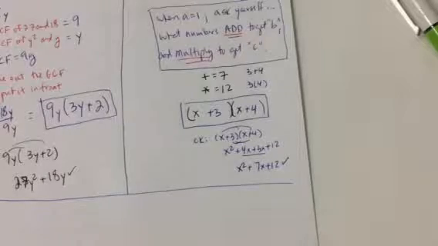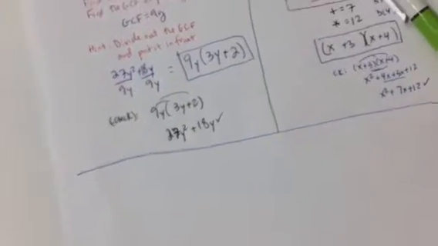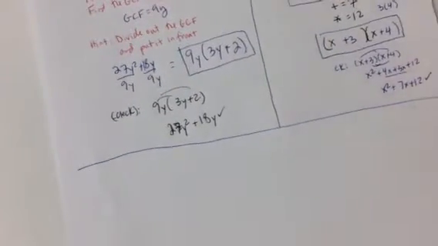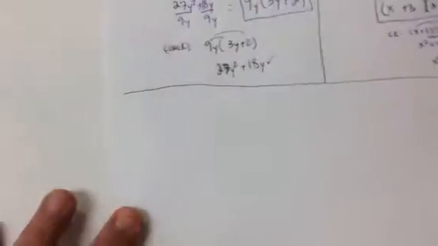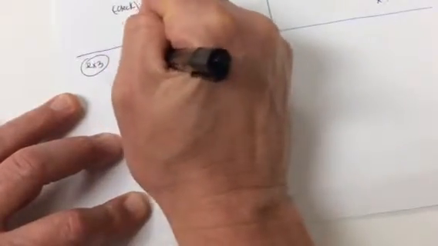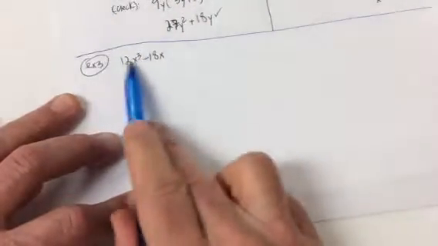Okay, let's do some practice examples based on these two things that we just talked about. Let's start out with example 3. Let's do 12x cubed minus 18x. So it's not a trinomial.